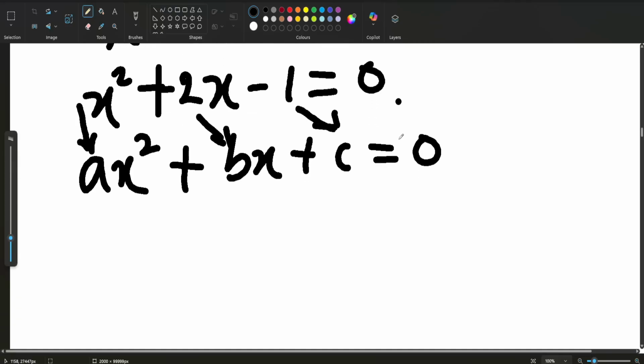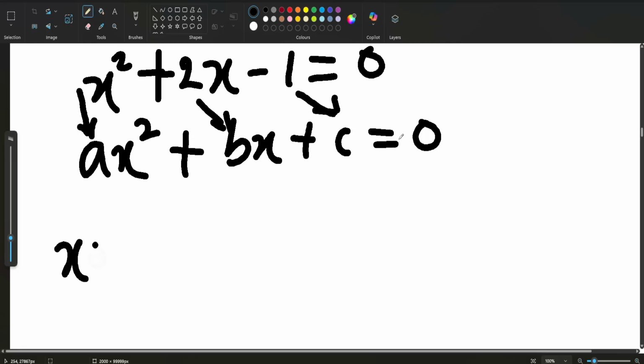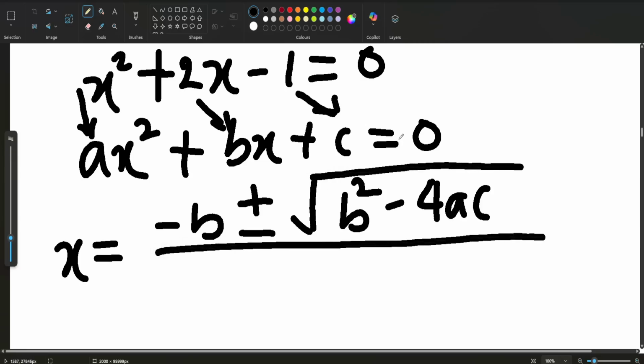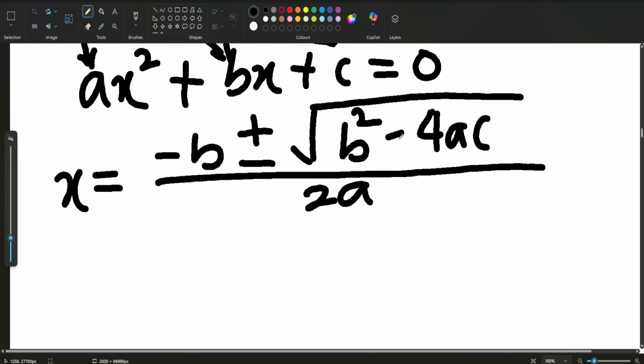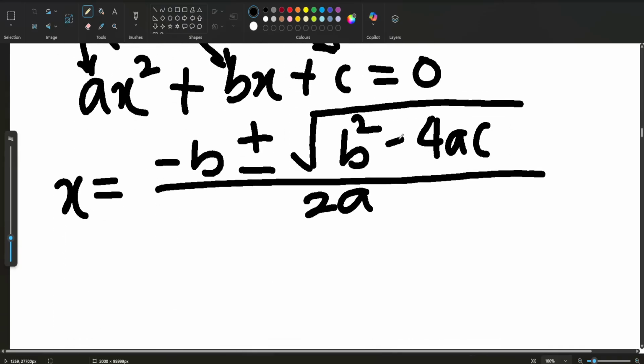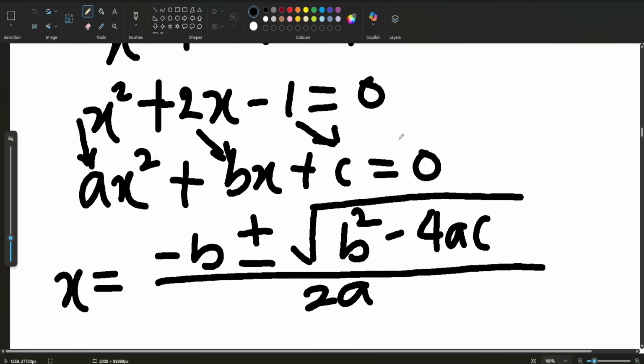So we can find x by using the formula: x equals minus b plus or minus the square root of b squared minus 4ac, all over 2a. With this general quadratic formula, we'll be able to get whatever values. So what is our b?